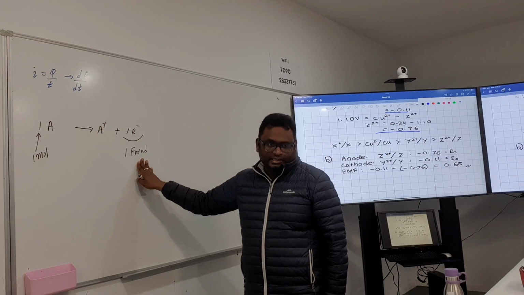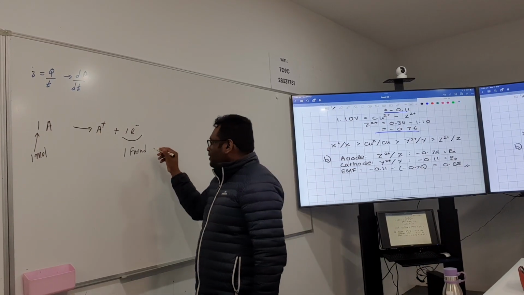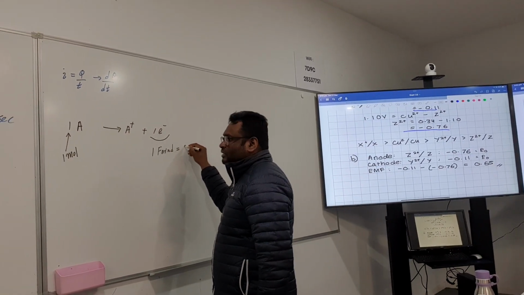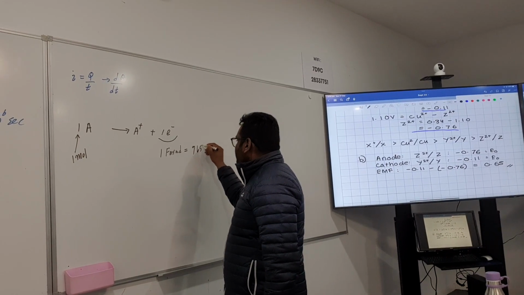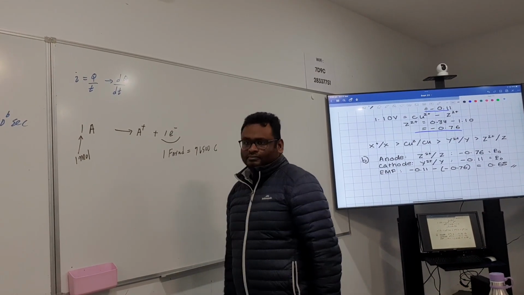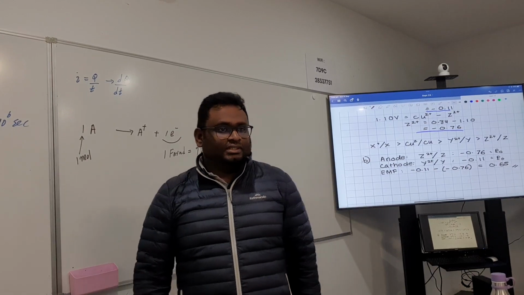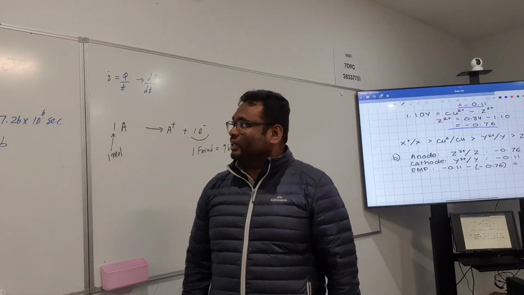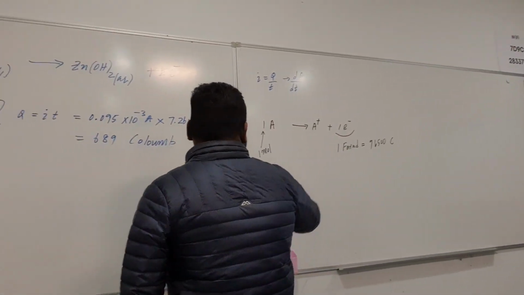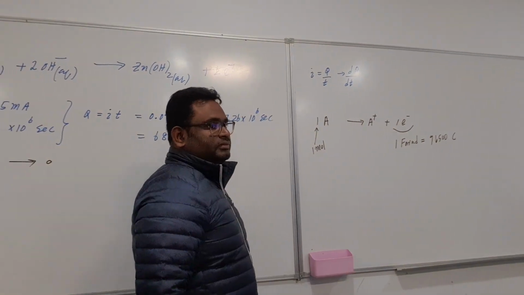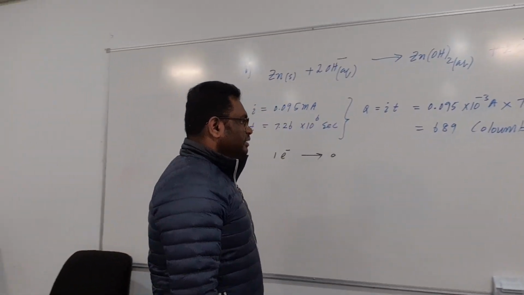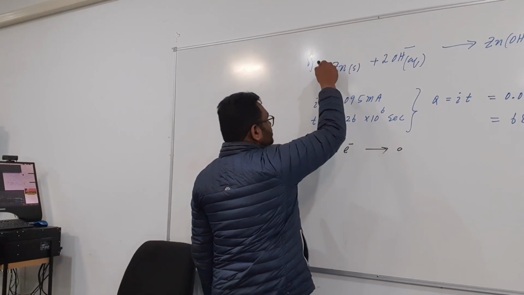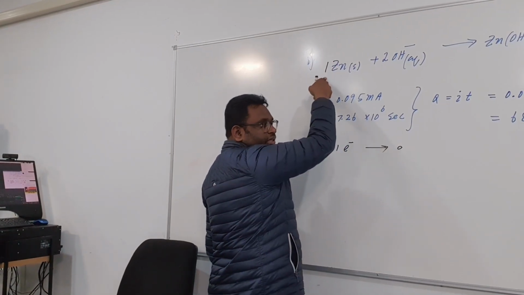Faraday is a scientist. Now 1 farad is equal to 96,500 coulombs, right? Okay, coming back to here, you have one here. This is one more, right? Stoichiometry, you know that.